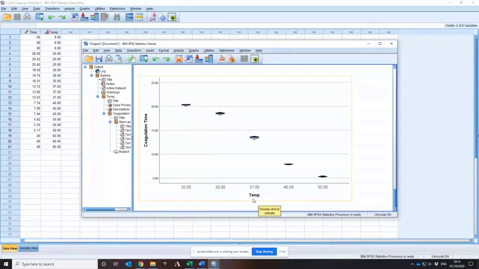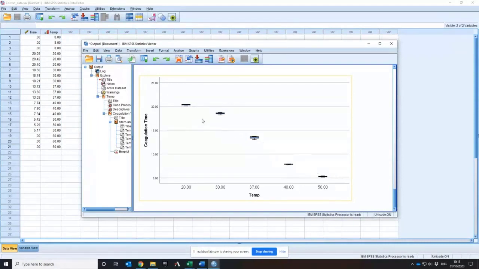You've got coagulation time and temperature. It's labeled things. If I did a more intelligent label, if I did coagulation time and put the units in there, it would have labeled it even better. And if I put temp, and it's not in Kelvin, it's going to be in degrees Celsius, then that would be even more amazing. And you can see that as you change the temperature, there's a decline in the coagulation time. It's sort of linear. It's a bit S-shaped at the end.